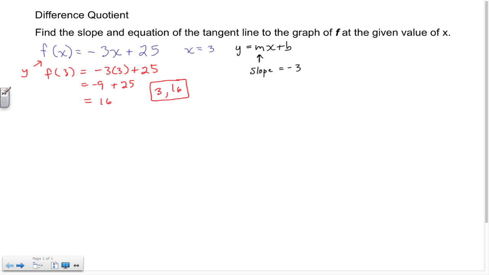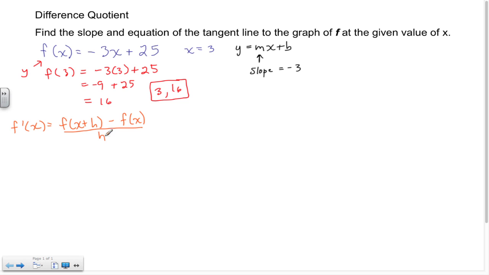The next thing I want to do is show the difference quotient. The difference quotient is just calculating the derivative of a particular function. So here, f prime of x is equal to f of x plus h minus f of x, where all of that is divided by h.